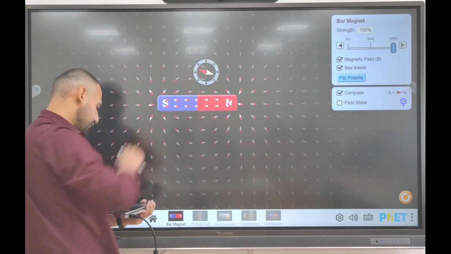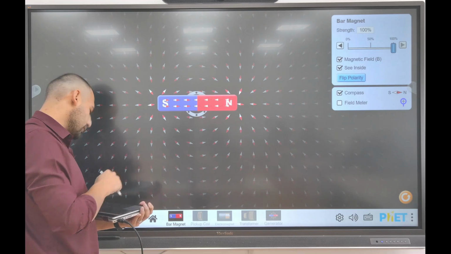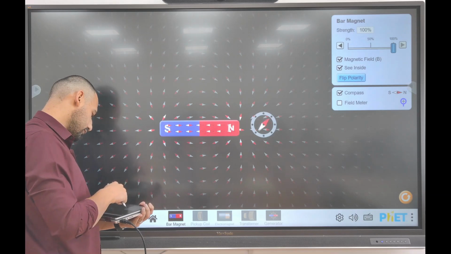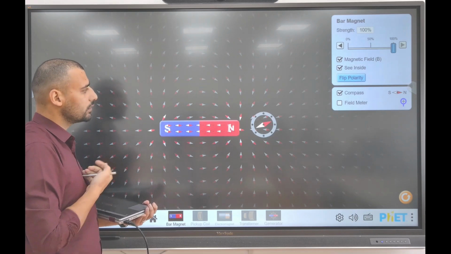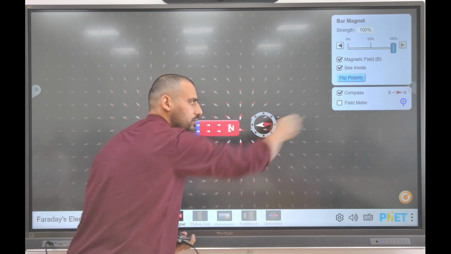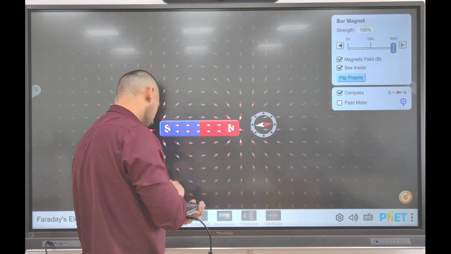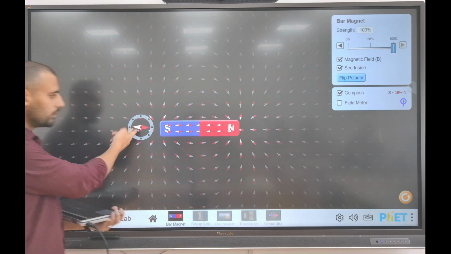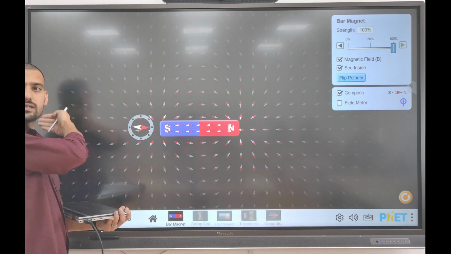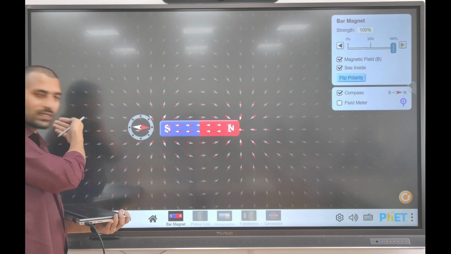If I place it at the center, somewhere here, see the direction? This is north, the magnetic field line goes like this, isn't it? So the red is away. If I take it here, red is towards this because north is there, south is here. Is that clear?